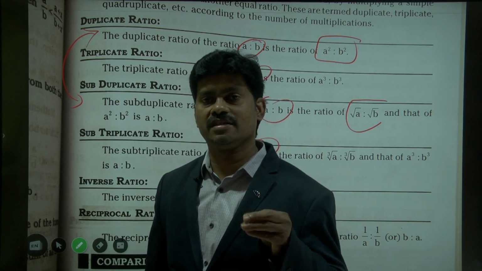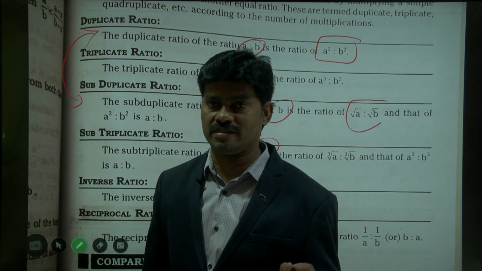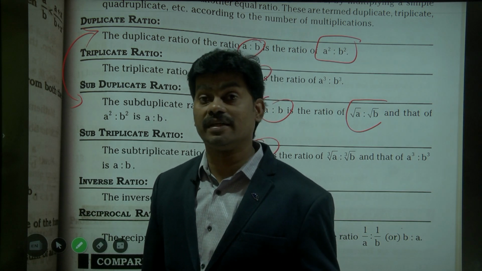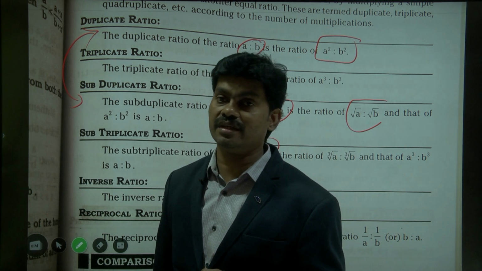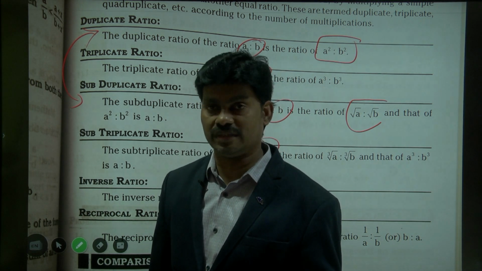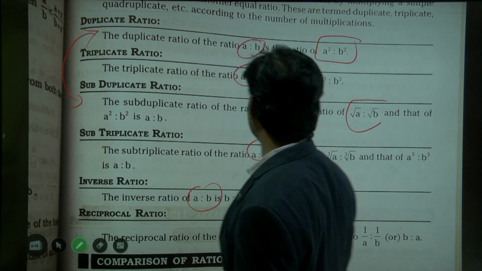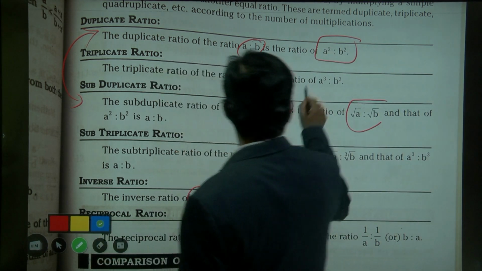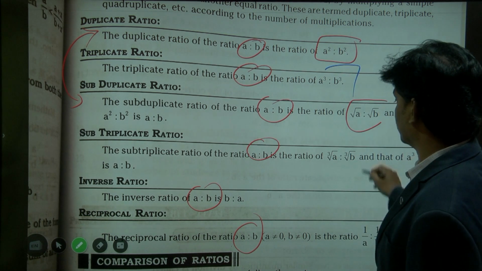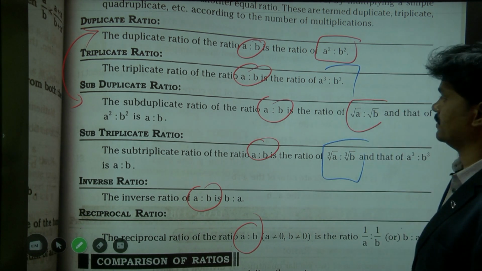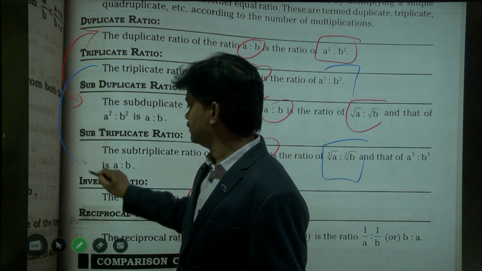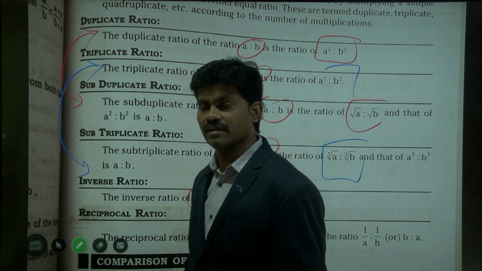Duplicate in the sense, just make the squares, A square, B square. Suppose 2 is to 3, we are giving 2 square is to 3 square. Subduplicate: root A is to root B, under root 2 is to under root 3. Triplicate: A power 3, B power 3. And subtriplicate: cube root A, cube root B, right? This is one pair.